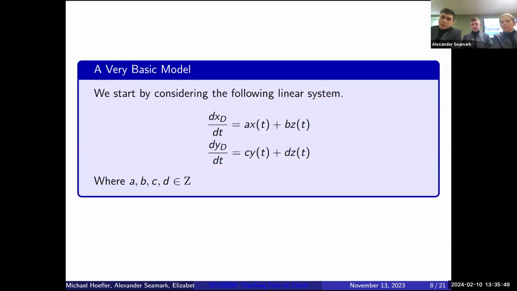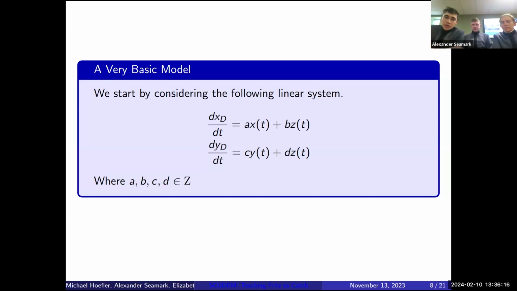And then moving into our basic model, we started by considering a really simple linear system of differential equations where the rate of change of the x component of the dog is proportional to some combination of the x and the z component of the treat. And similarly, the rate of change of the y component of the dog is proportional to a combination of the y and z position of the treat.